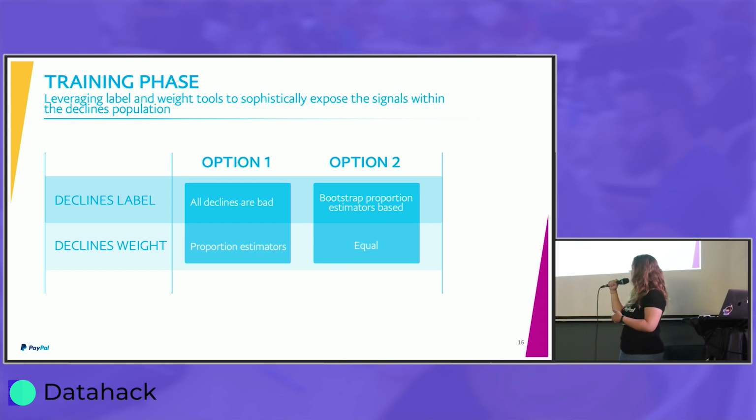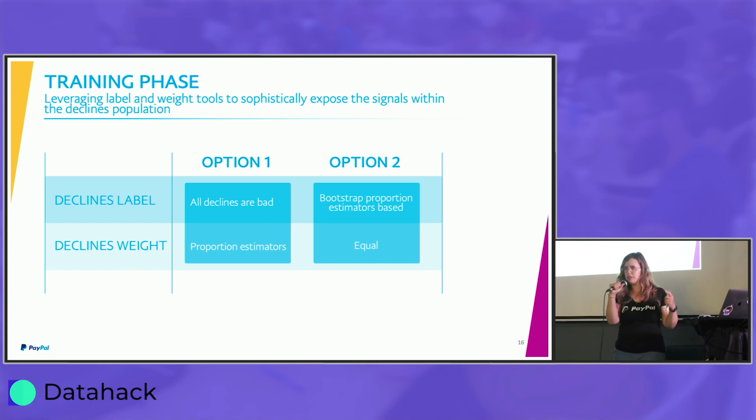Another option is to treat the labels with a bootstrap process, using the proportion estimator as a base. What do I mean? We have many models, tree-based models or neural nets, where each record is seen by the model multiple times. Each time a record is exposed to the model, we can label it based on the proportion estimator as the probability for the label.